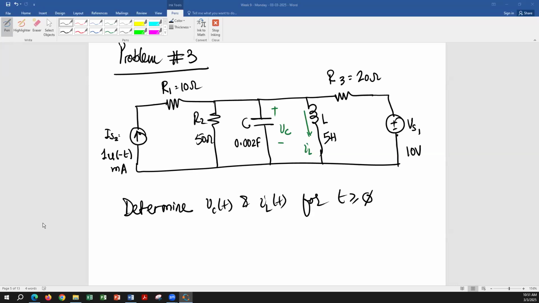Is VC0 negative going to be IS times R2? Hold on. Yes, Mike. What is VC0 negative in this circuit?